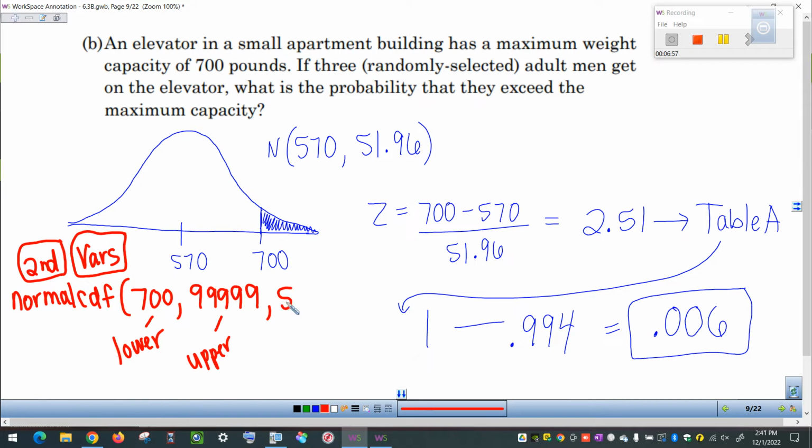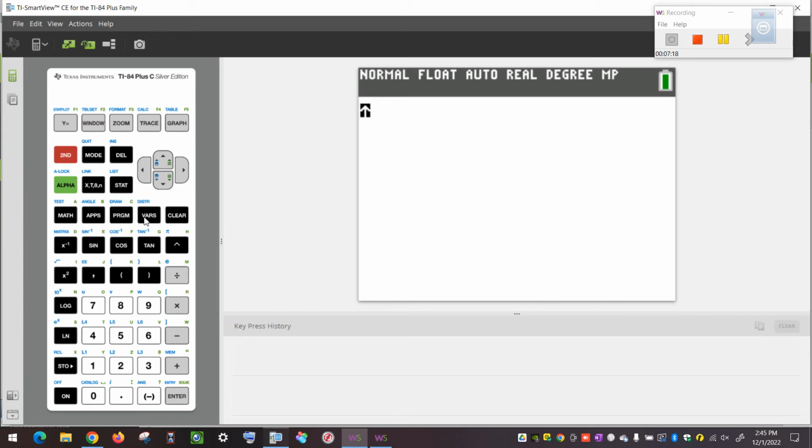All right, and then we're going to input the mean. You can write the word mean, or you can use the symbol. And then we're going to input our standard deviation. So if you enter that into your calculator, you'll see that you get the same final answer of 0.006.